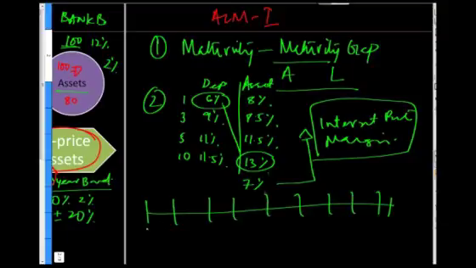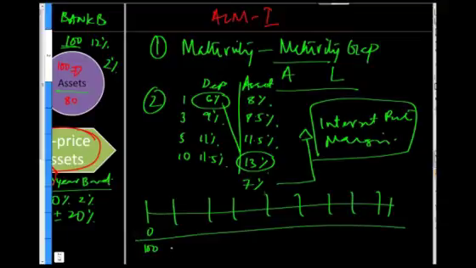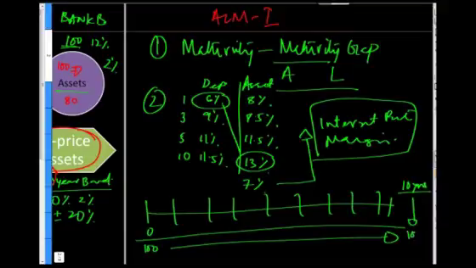So at year 0, time 0, I went out and acquired something worth $100, which I will only get paid at the end of 10 years. So let's say this is 10 years, at the end of 10 years. And in the interim, I've gone out and funded the purchase of this asset by borrowing money for a year.